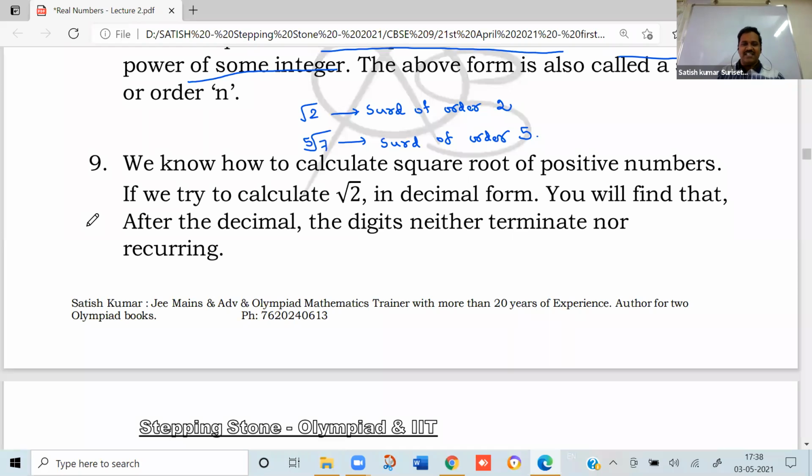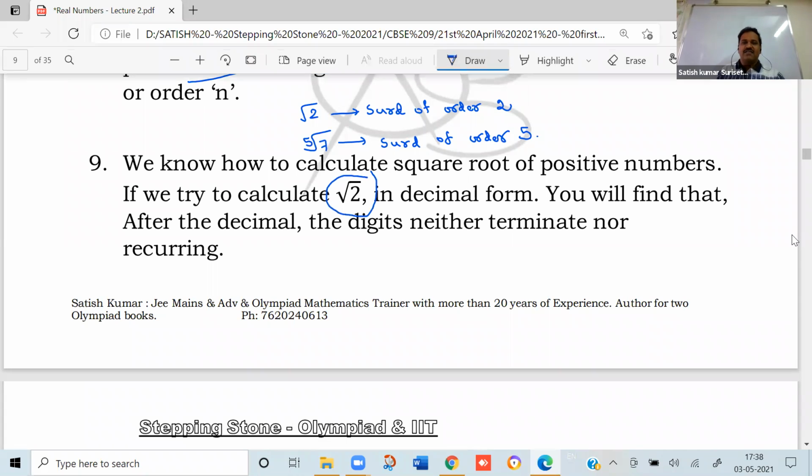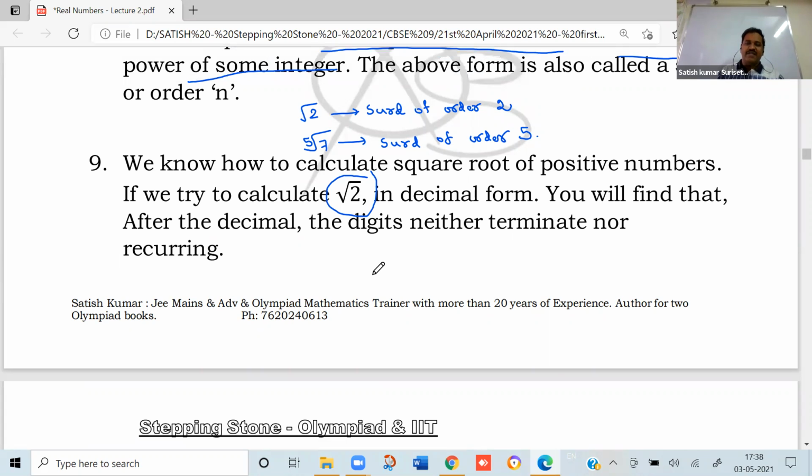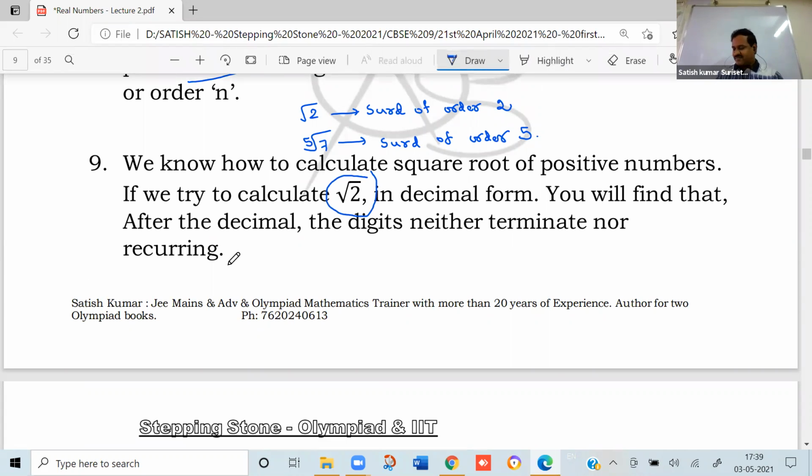If we try to calculate the square root of 2 in decimal form, you will find that after the decimal the digits neither terminate nor recur. Whereas for rational numbers, either it will terminate or recur, but here it neither terminates nor recurs.